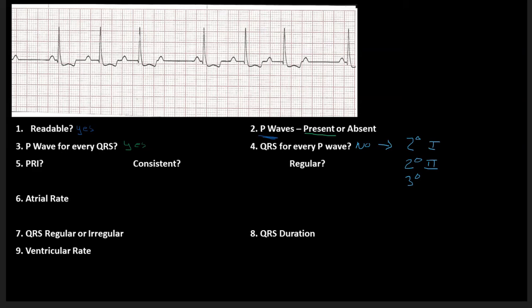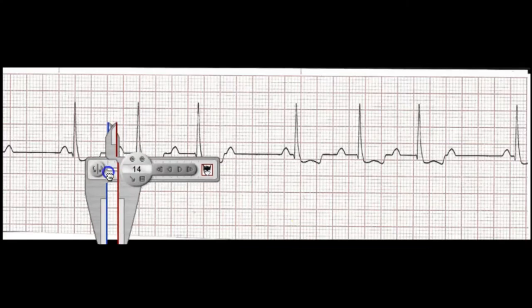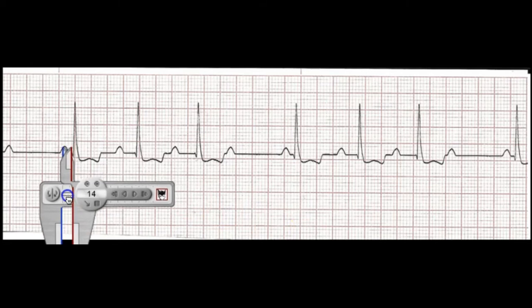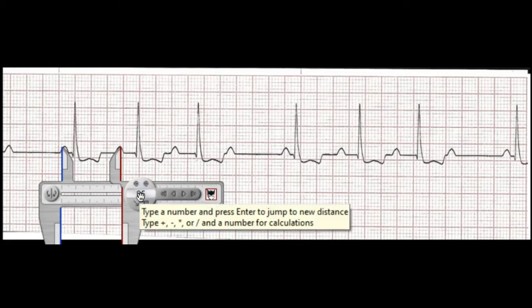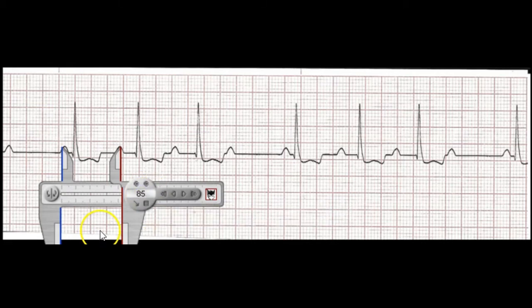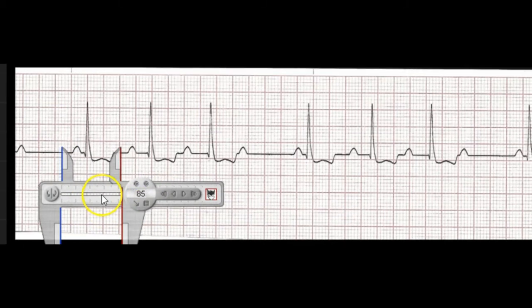So now when I take a look at these, I need to answer some questions. I want to know about the PR interval. Is it consistent and is it regular? These questions here for number 5 are going to be very important to me. So to do this, I'm going to pull in my calipers. I'm going to start off here with a P wave. I know that this is a P wave, and I know that this one is a P wave, right? So I want to know, are these all going to be P waves?